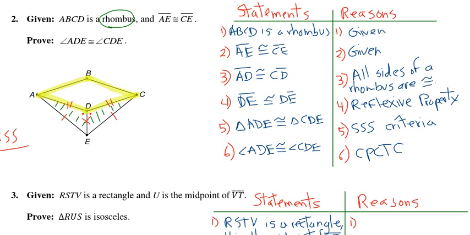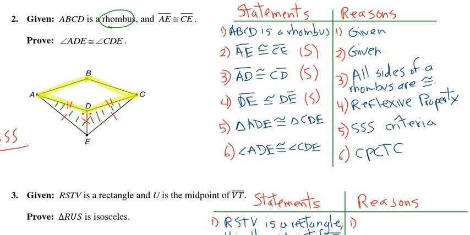And then with that, which is side, side, side, because here you have one pair of sides, another pair of sides, and here you have another pair of sides. Remember that when you put an S, there has to be a pair of congruent sides, otherwise don't write an S. And since I have side, side, side, then I can say that these two triangles are congruent, and therefore these two angles are congruent.